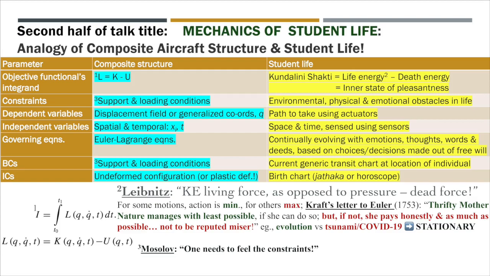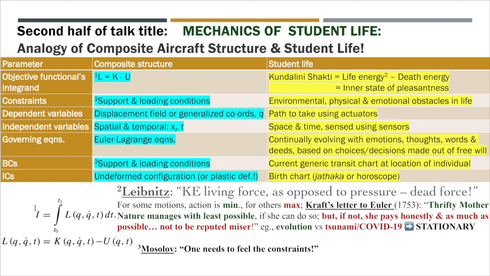They are a dynamic set of equations. They are not the same equations you had yesterday as you have today. Because your emotions, thoughts, words, deeds, these are all characteristics of the system in operation, and they change the very governing equations based on the choices and decisions made out of free will.